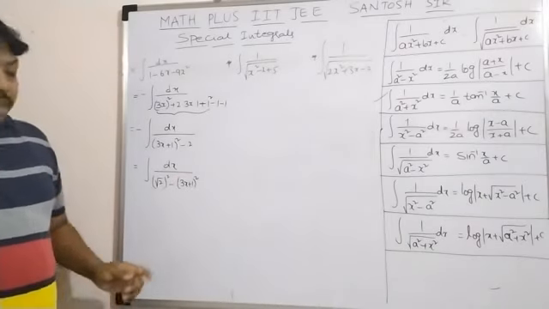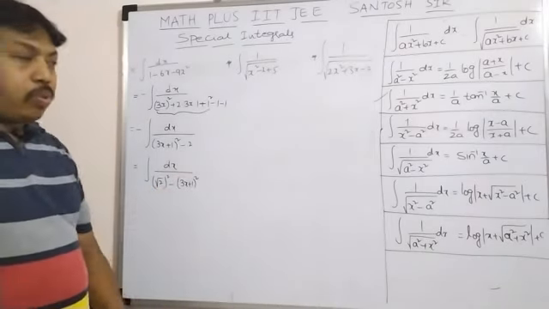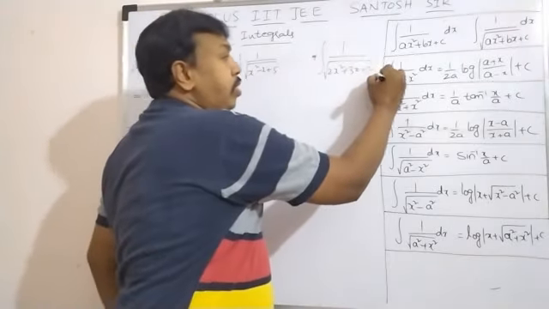Now see, it is in the form a square minus x square. See, a square minus x square means this formula.